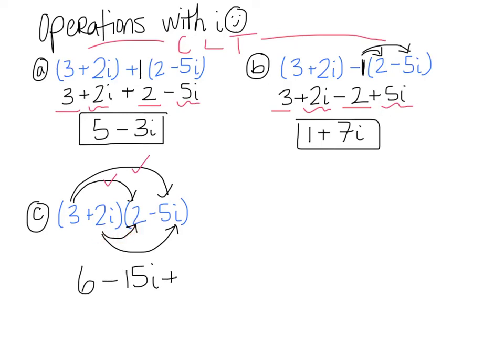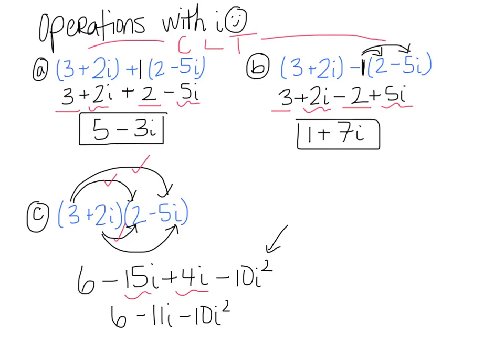That's a positive 4i. And then I have 2i times negative 5i. That would be negative 10i squared. But I really hope you wrote down i squared here. Now you're probably noticing that you have some like terms here. So that would be 6 minus 11i minus 10i squared.